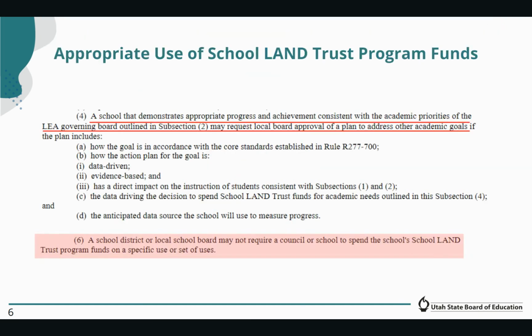If a school has demonstrated appropriate progress and achievement in the areas of first consideration, the school may create goals that focus on other academic areas. It is important to remember that these goals must also be data-driven, evidence-based, measurable, and have a direct impact on student instruction. Remember that a school district or school board may not require a council or school to spend the school's School Land Trust Program funds on a specific set of uses, but it should support the Teacher and Student Success Plan.